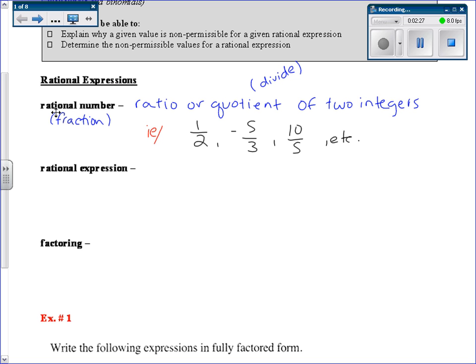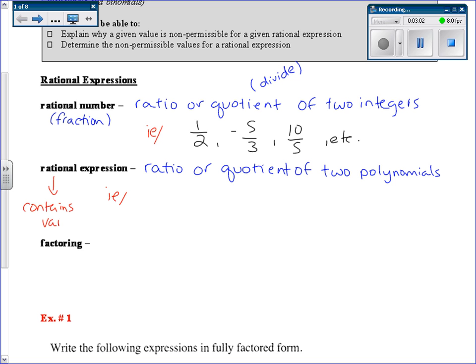A rational expression is the same idea, except that it has variables in it. So it's not a ratio or quotient of two integers. It's a ratio or quotient of two polynomials. Usually it contains variables.